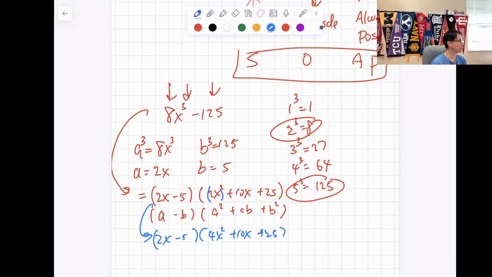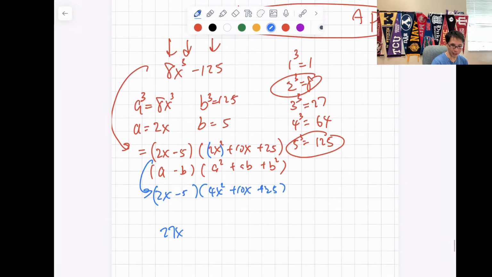You want to try one? Okay. Let's try one. 27x cubed plus, I don't know, plus 64. How about that? Let's see if you guys know how to factor this properly.